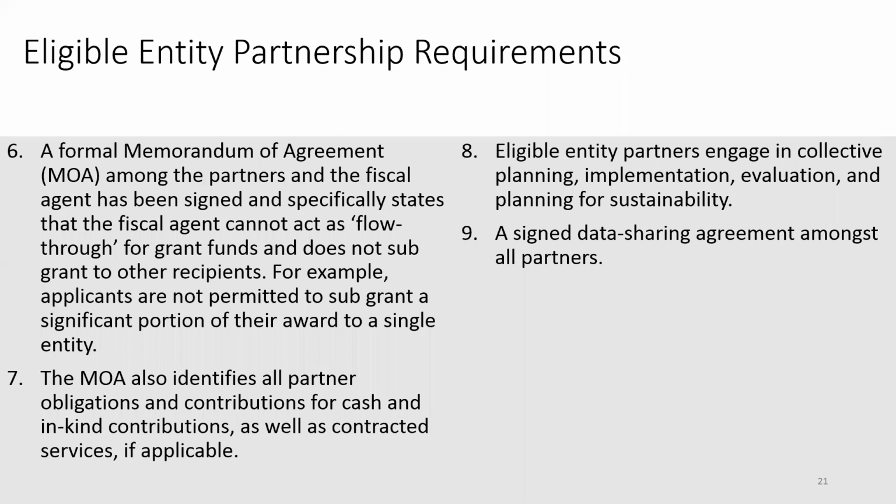This is pretty much outlined in detail in the application, so pay really close attention to this piece. If the MOA doesn't clearly outline the resources that each partner is providing, and there's evidence of that in the budget, like Heidi said, that's where we'll be looking to see evidence.